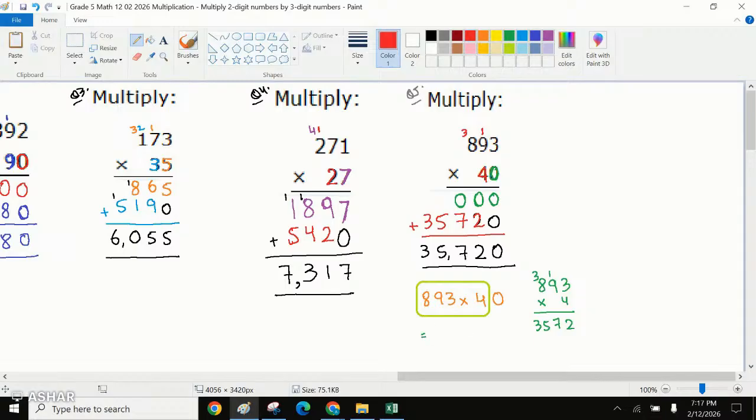So this comes out to be 3572. And we simply bring down the 0, and we still have the same answer, 35,720. Thank you, Semi, and thank you, Inspiration.